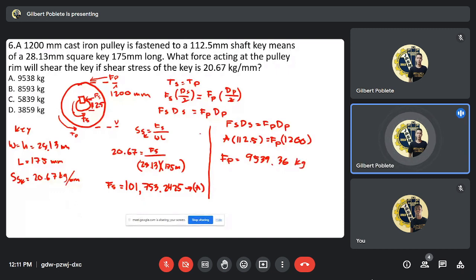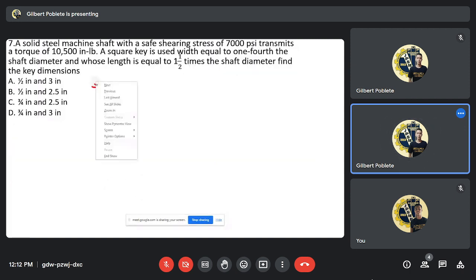So dito meron tayong given na shaft shearing stress, 7,000 psi. Meron tayong torque na given na 10,500.